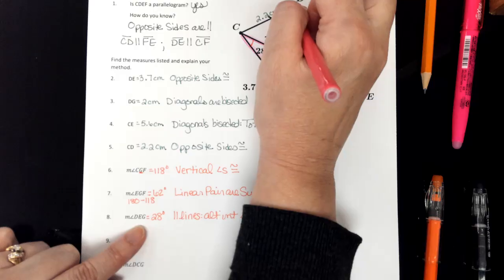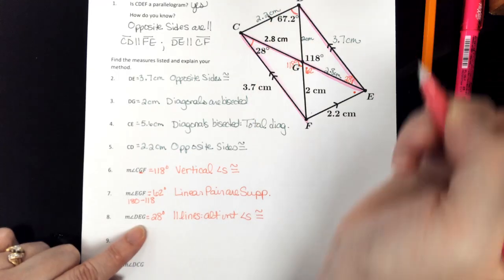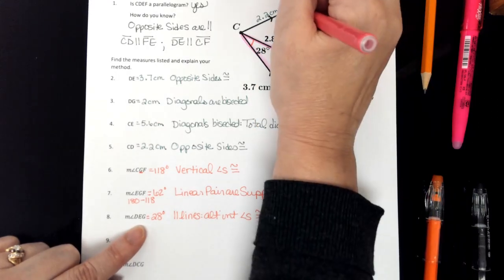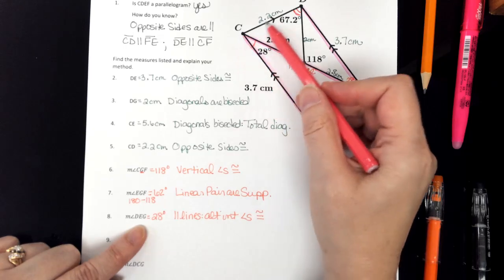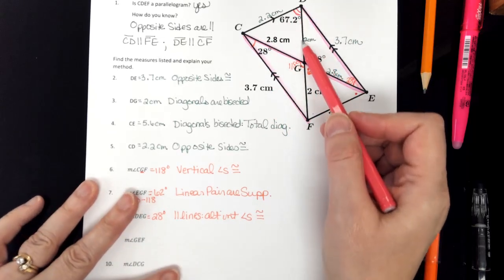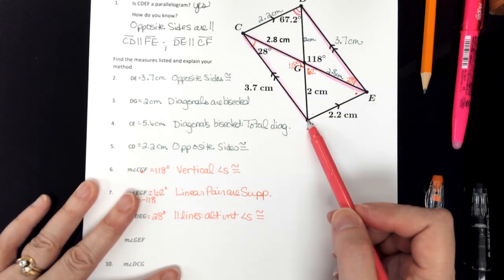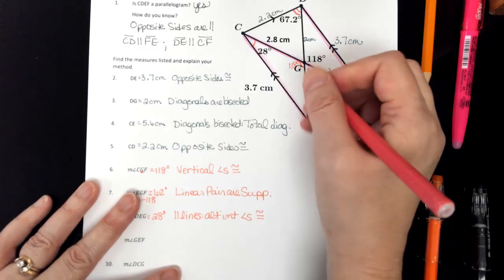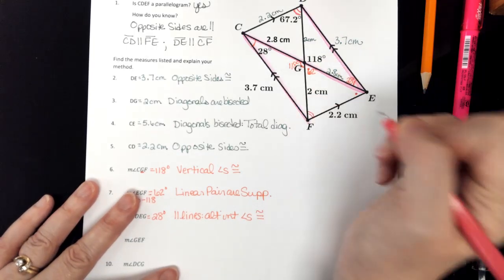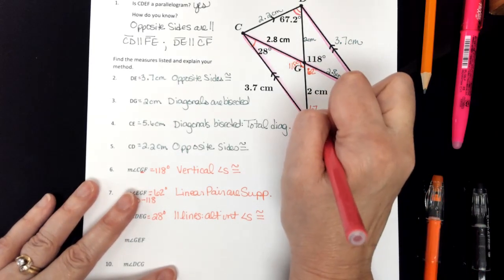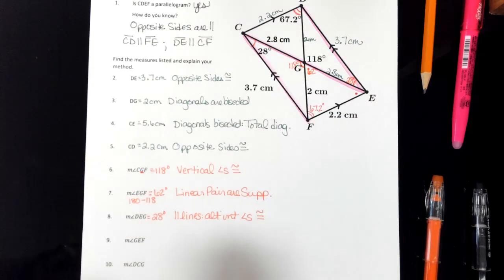angle at the top is 67.2 degrees, and I have a parallel line with this diagonal coming down to this other parallel line. These two angles are congruent, so this is 67.2 degrees as well.